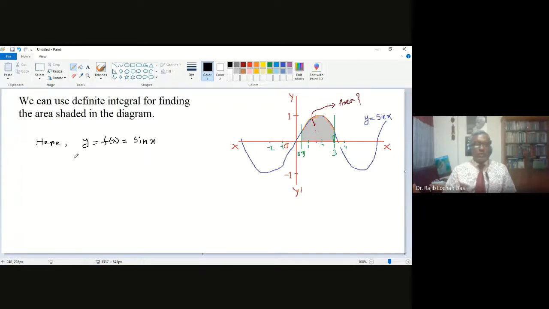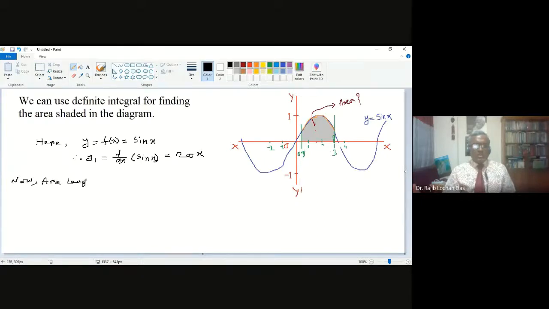Now you find out y1. So this will be d/dx of sin x, and you already know what is d/dx of sin x. So this will be cos x. And then you apply the arc length formula. So what is the arc length formula?